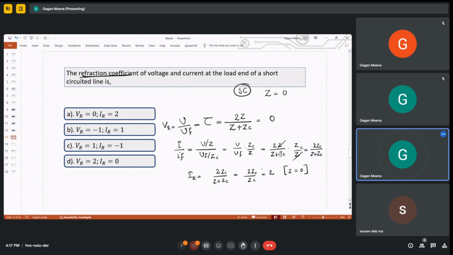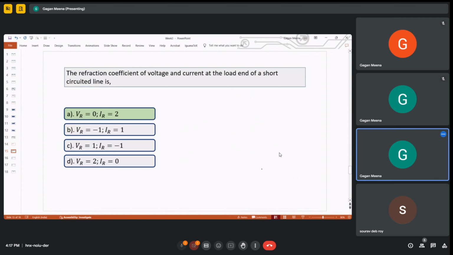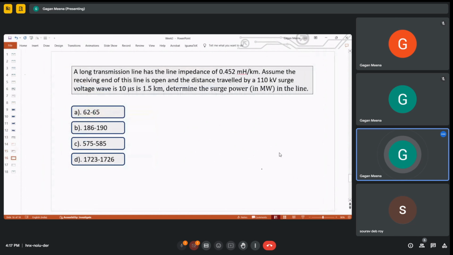Right. Now let us see the next question. The next question is this. We have a long transmission line which has line inductance given as 0.452 millihenry per kilometer, and assume that the receiving end is open circuit.